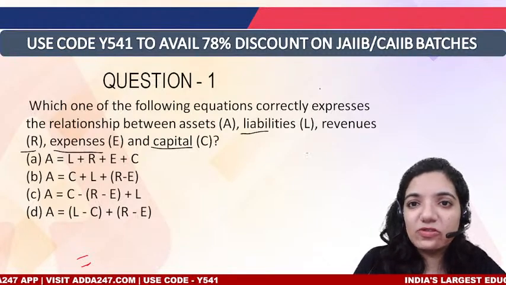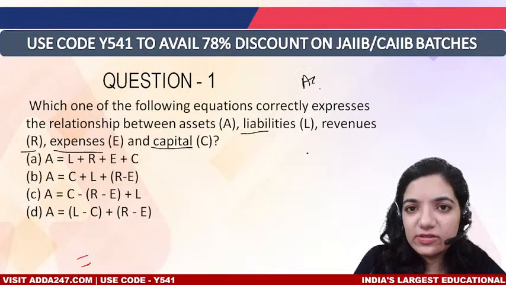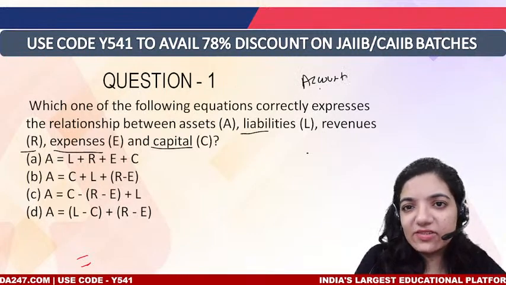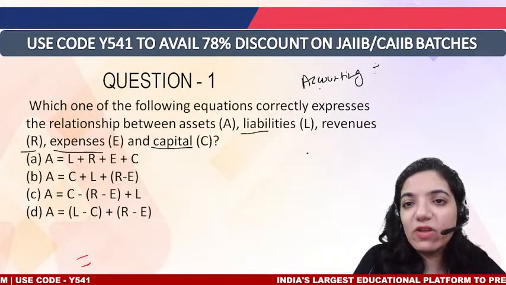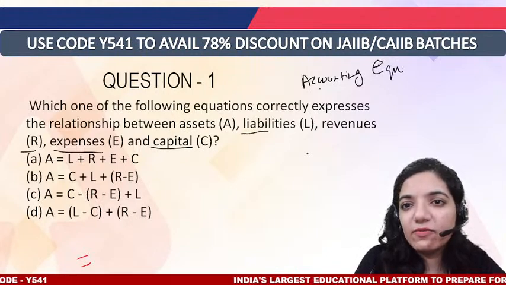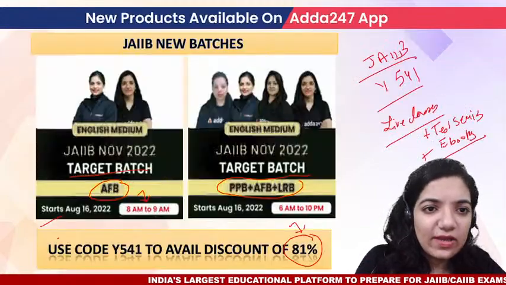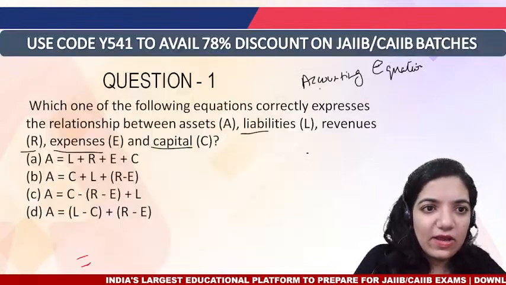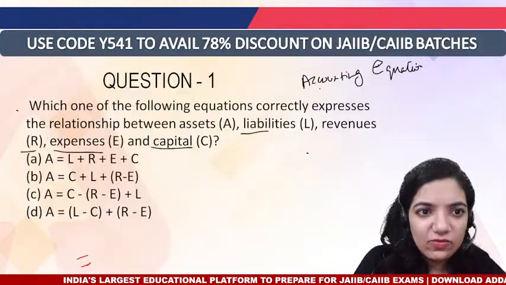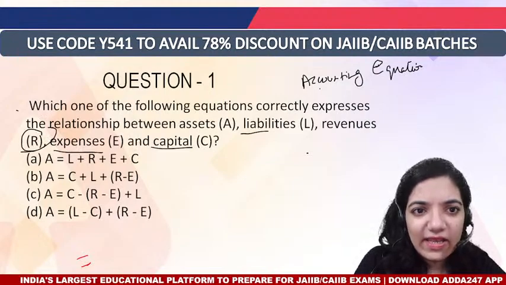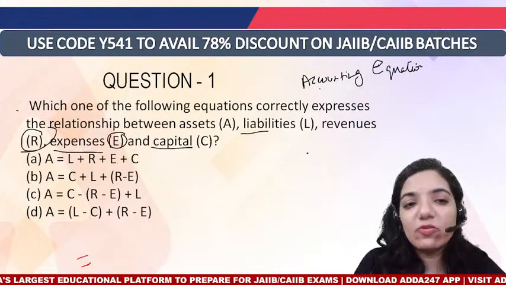If we talk about the accounting equation, considering that you'll also have to fit in the point of revenue, we'll have to put revenue as well as expenses in your accounting equation.